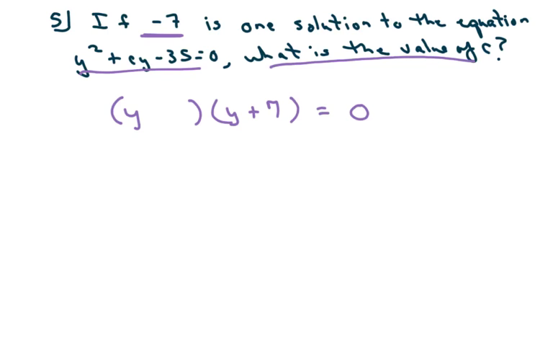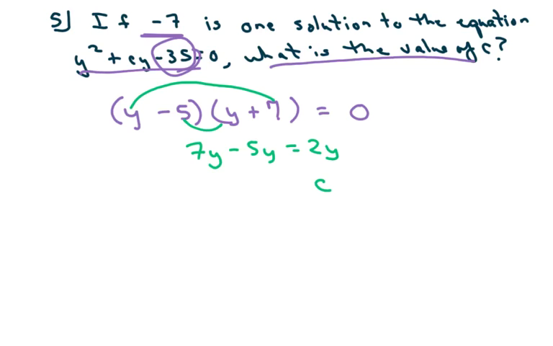So if this is plus 7, and I have a negative 35 here, this has to be a negative 5. And to find C, you just do your outer and inner. So that's going to be 7y minus 5y is 2y. So C equals 2. Or you could FOIL out the whole thing, but they only want this middle term here.